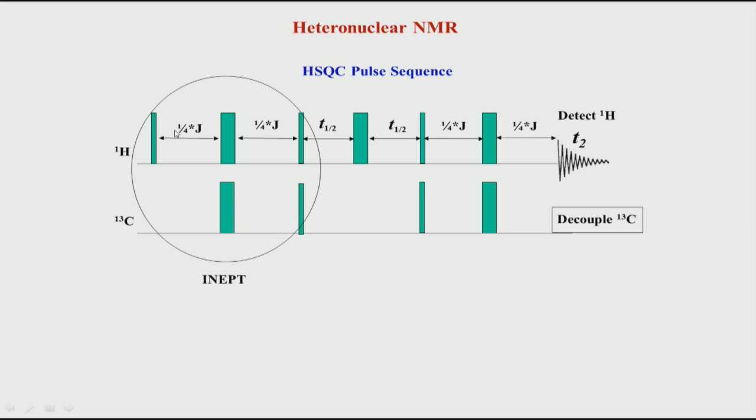This is achieved using this particular block of pulses, which we call the INEPT block. After the INEPT is applied, at this point after the pulse on carbon, the carbon comes to the xy plane.